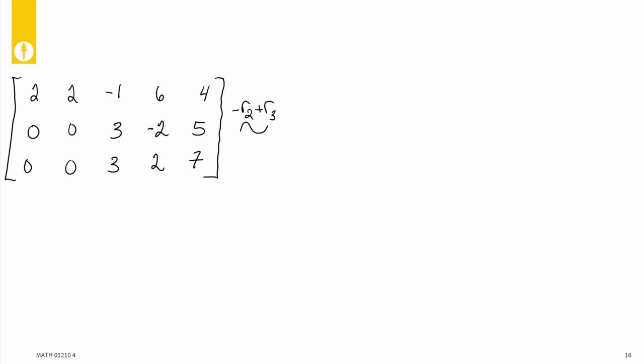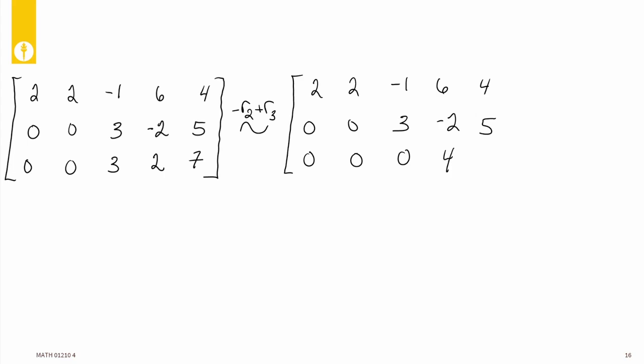Negative row 2 plus row 3. That becomes a 0. 2 plus 2 is 4.